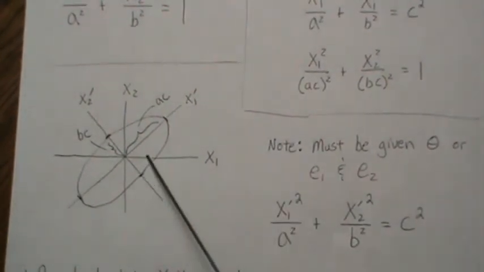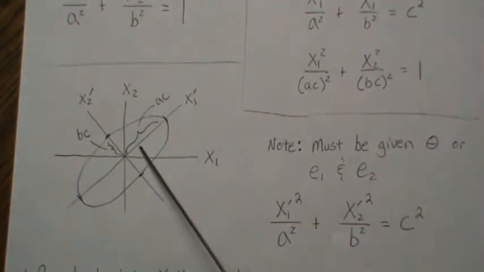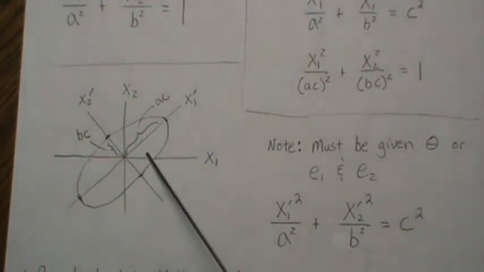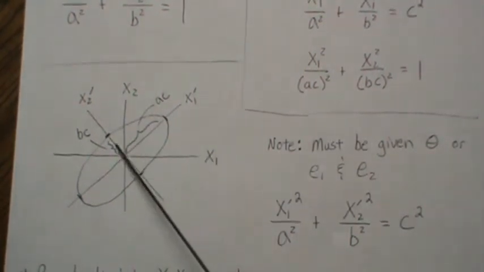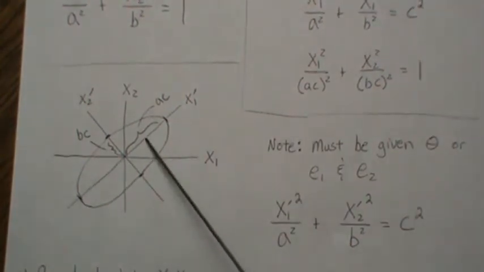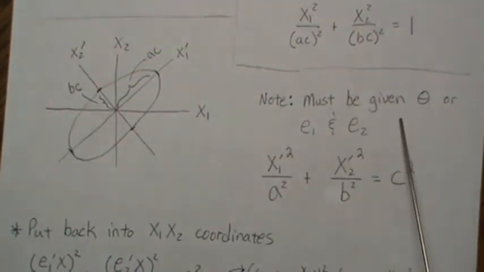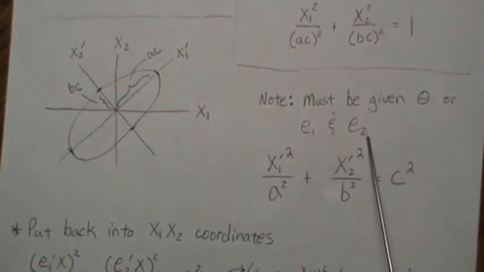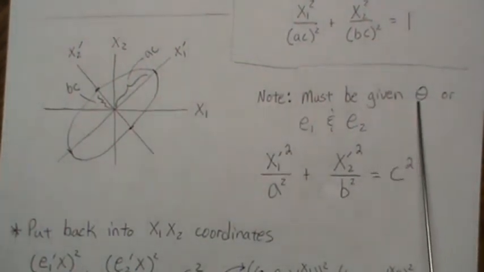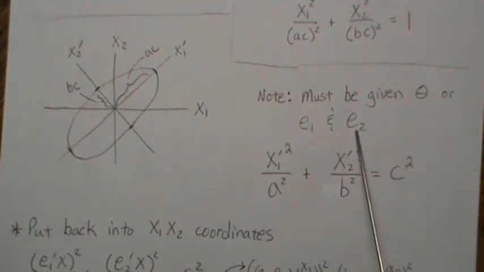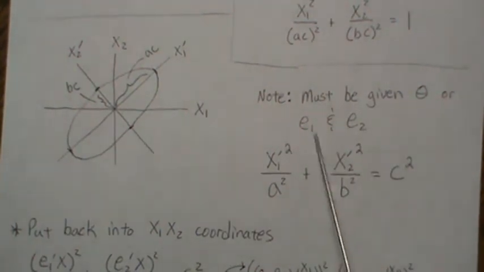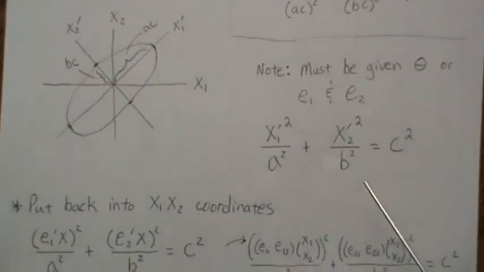So, you either have to know the angle, or you have to know these vectors. But if you know the angle, then you can determine that vector. And so we're just going to assume we know the vectors, right? We must be given theta or the vectors E1 and E2. So either one. If you know theta, then you can determine E1 and E2. Or if you're just given E1 and E2, then we'll just use those.